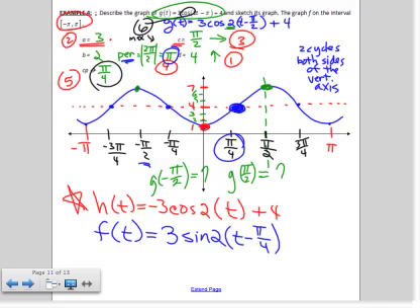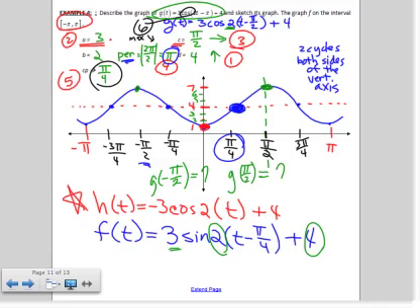Then we're still going to add the 4 at the end because it's shifted up 4. That's not going to change regardless of which one we're doing. So the things that don't change are the period, the vertical shift, and the amplitude. The plus or minus can change.